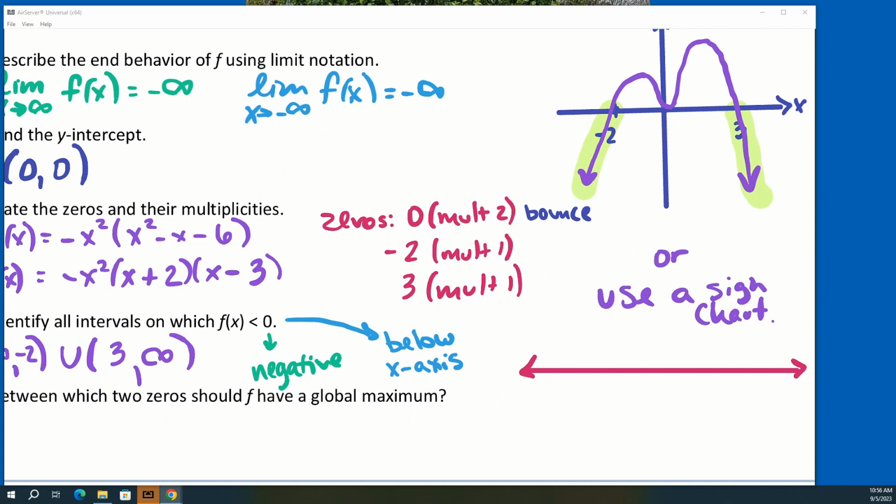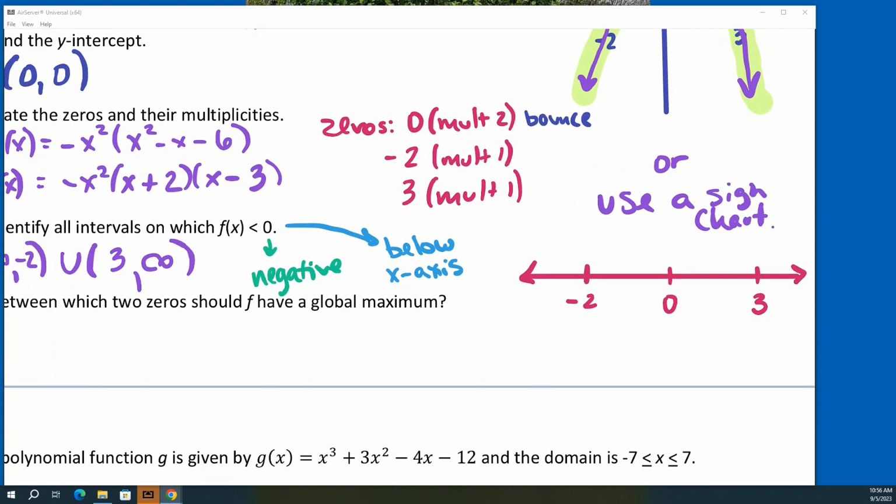So on the sign chart, we need to put in our zeros that we just found. Right, and so we want to know by plugging in values where we're going to always get a negative.